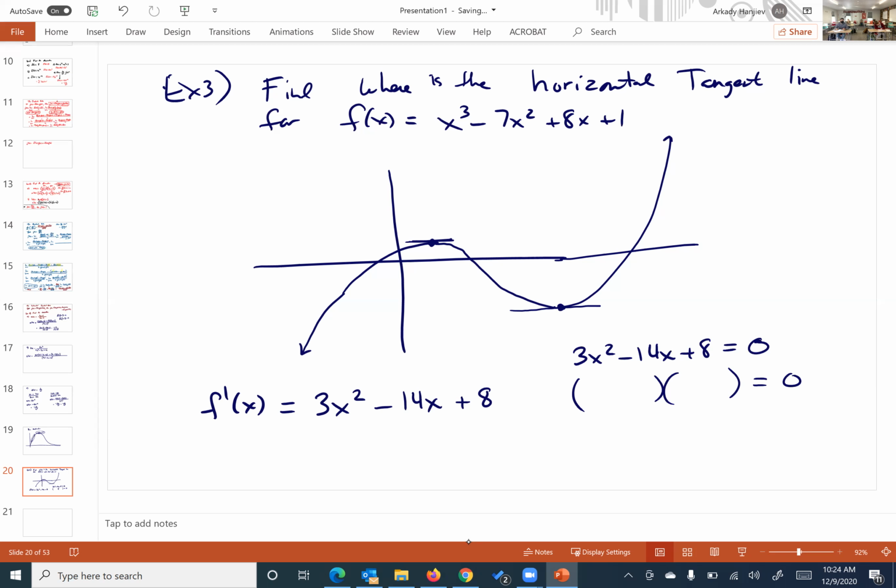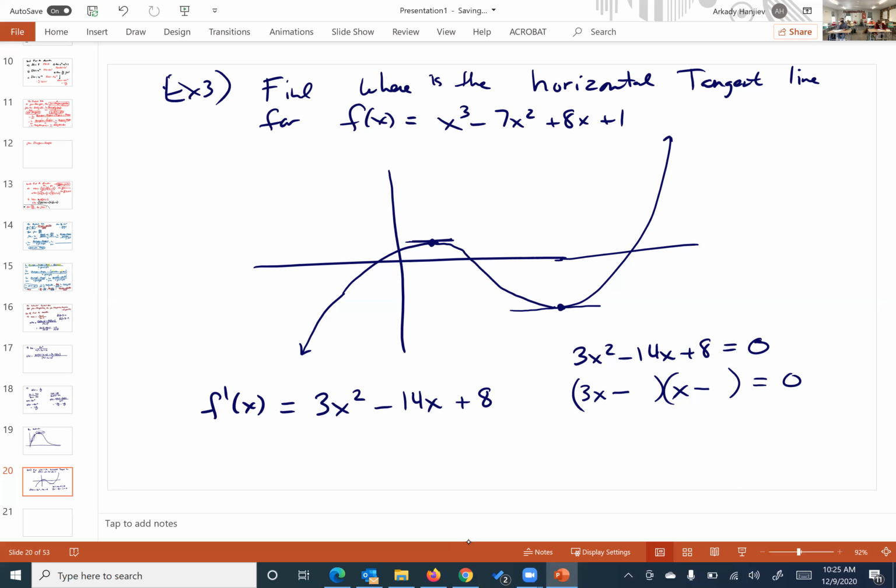What does this guy factor into? Cool, okay. I need a 3x and an x to get 3x squared. And it has to multiply to get 8 and add to get 14. To get a positive 8, we need a minus and a minus, right? That's for sure, because we have a minus 14.